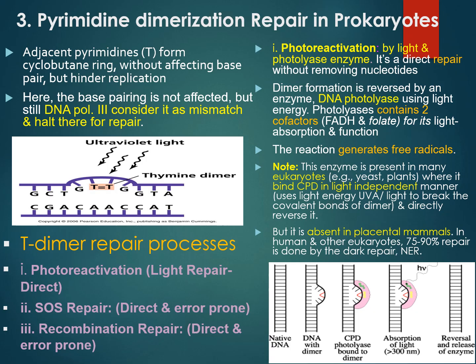Blue light will give the energy to break the covalent bond. But it is absent in placental mammals. Hence, in mammals, if such a type of mutation happens, that will be repaired mostly by NER, which I explained in the previous slide. 75 to 90% repair happens by NER.